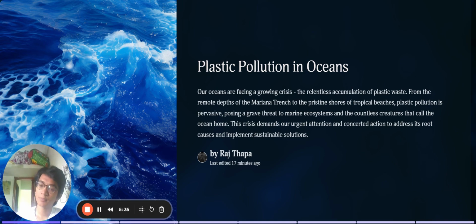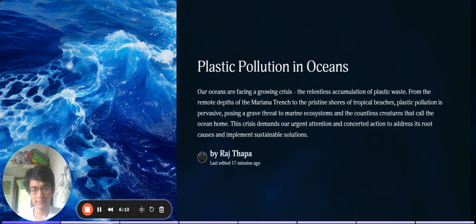But we are the ones who polluted the sea, so we should be the ones to rejuvenate it, to get it back to the point where it was earlier, making sure that we as a civilization go forward but also establish and implement sustainability. The crisis demands our urgent attention and concerted action to address its root cause and implement sustainable solutions.